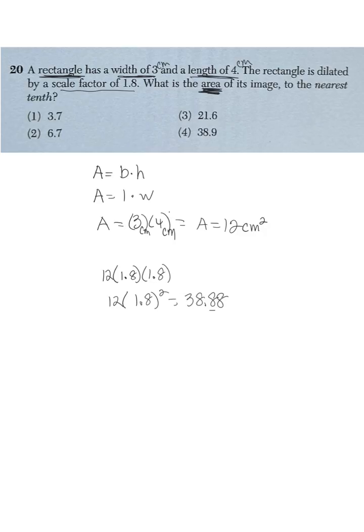And then when we round that, that will round that 8 up to a 9, which is choice 4. Now let me just go back. So the reason why it's this, when we do a scale factor, we multiply the length by the scale factor and the width by the scale factor. So if this length is 3, that would be 3 times 1.8 and 4 times 1.8. So do you see I'm multiplying by 1.8 twice? That's why I have that there, okay?